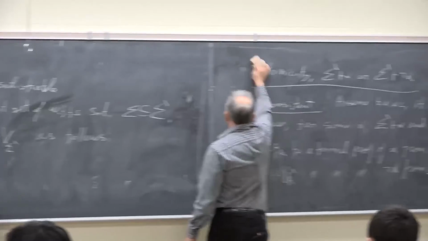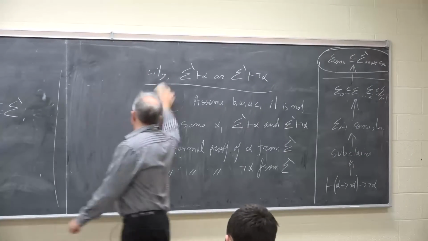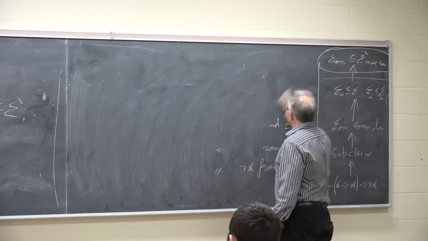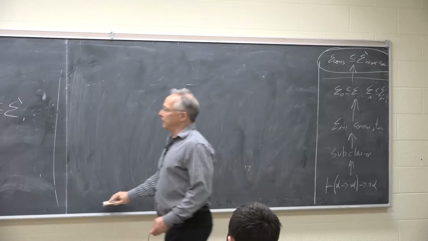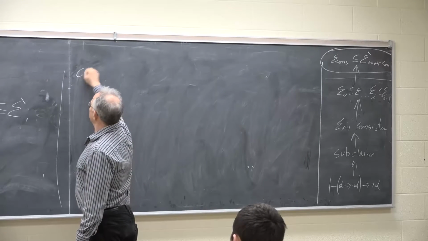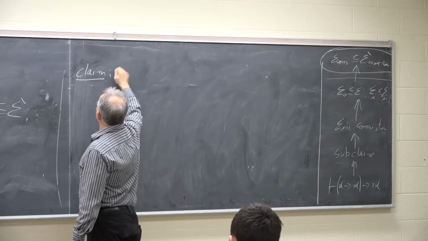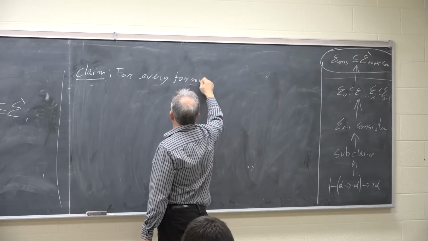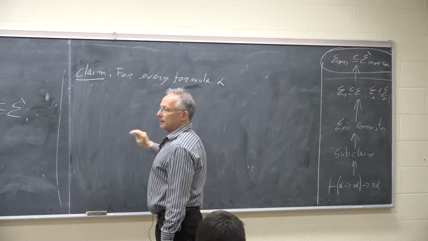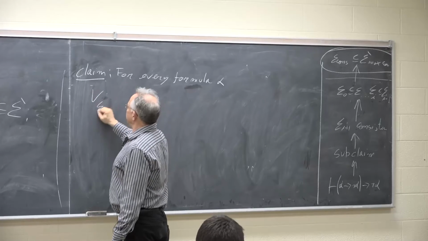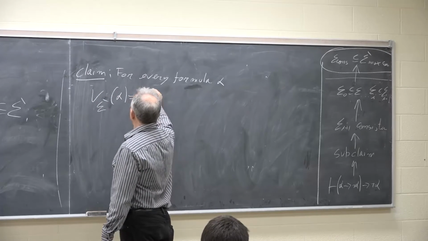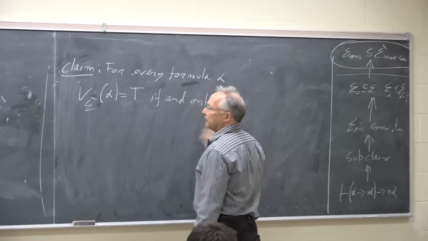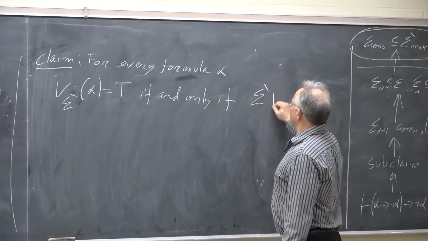And now, the claim that we get completes our cycle of reasoning. So now we have a claim: for every formula alpha, V sigma prime of alpha equals T if and only if sigma prime can prove alpha.